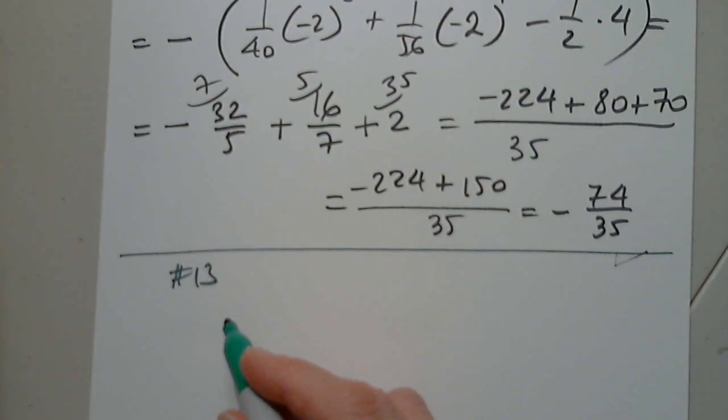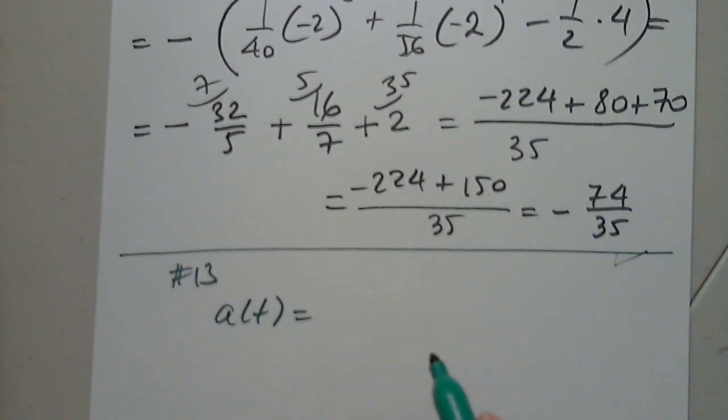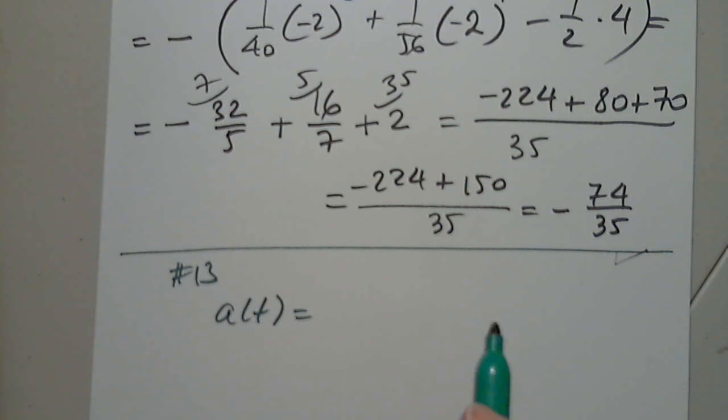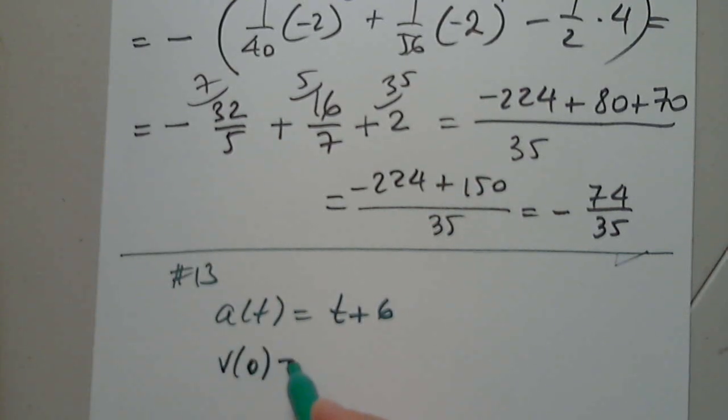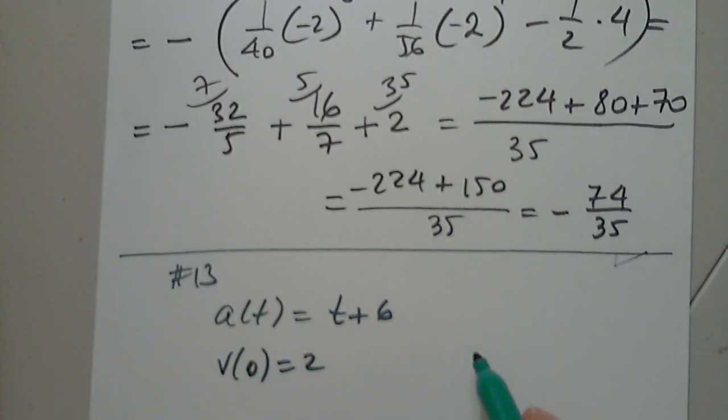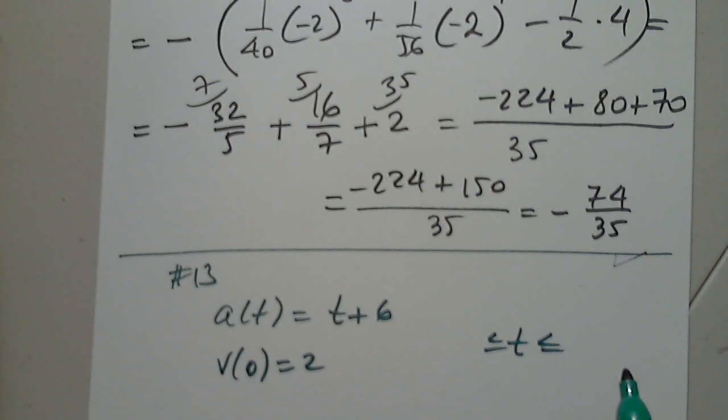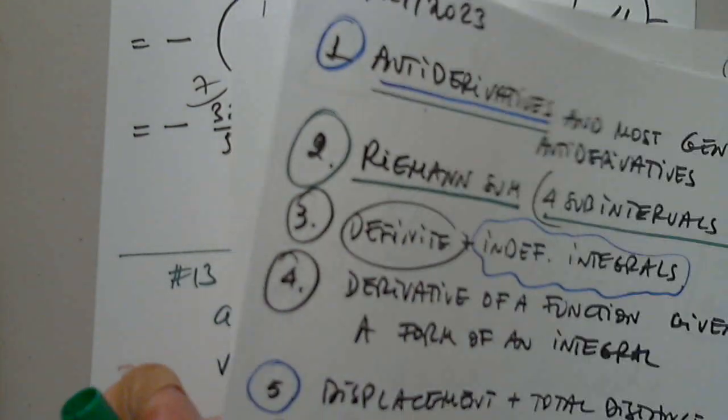The acceleration function in meters per second squared and the initial velocity are given for a particle moving along a line. a(t) equals t plus 6, v(0) is equal to 2, and 0 is less than or equal to t is less than or equal to 11.